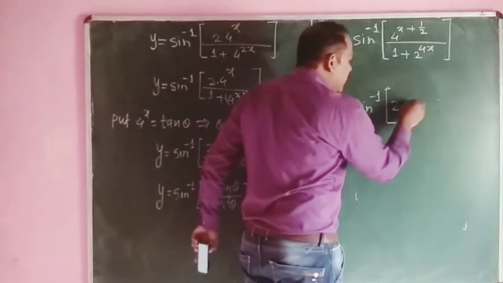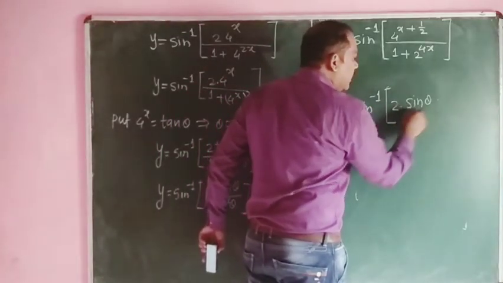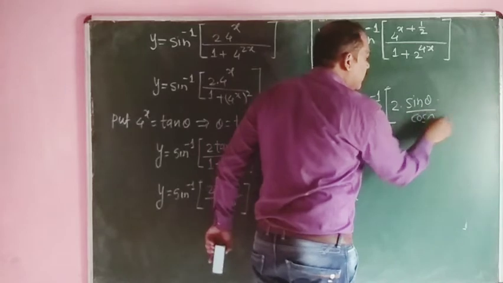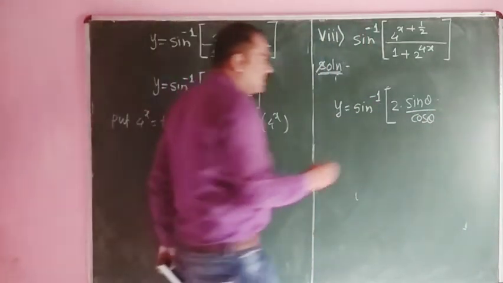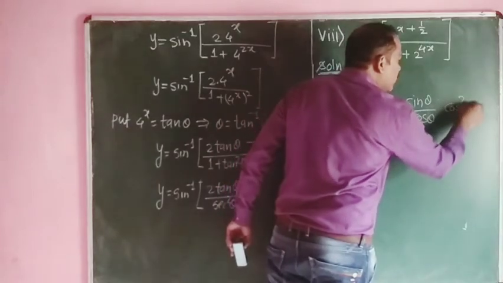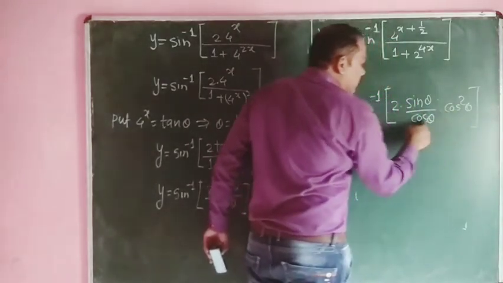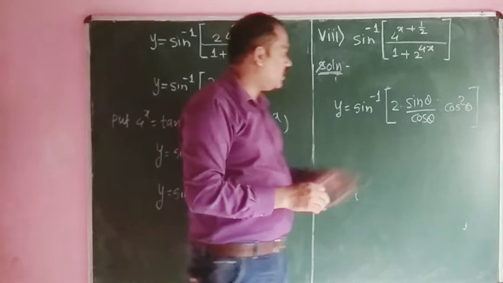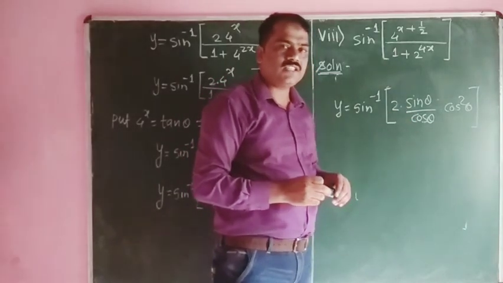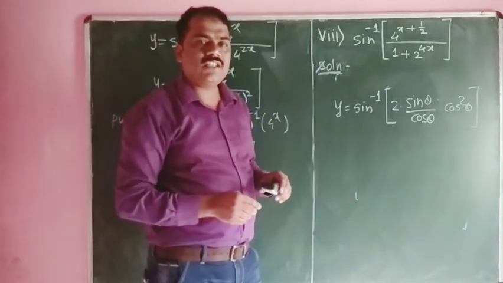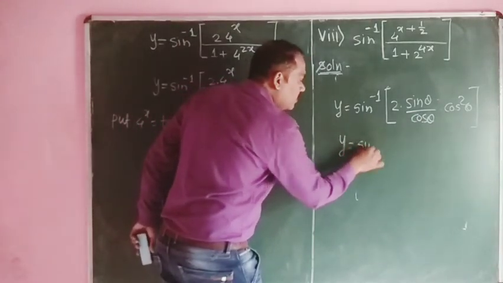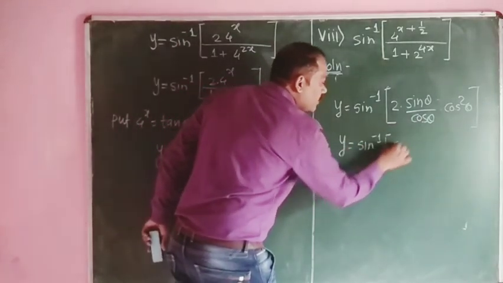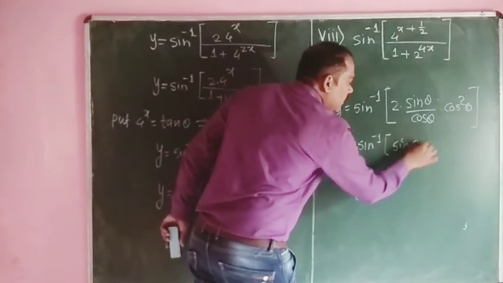That is 2 times tan theta, which is sin theta divided by cos theta, into 1 upon sec square theta, which is cos square theta. Here one cos gets cancelled, so that we have to get 2 times sin theta into cos theta. 2 times sin theta into cos theta is nothing but sin 2 theta, so that we have to get y is equal to sin inverse of sin of 2 theta.